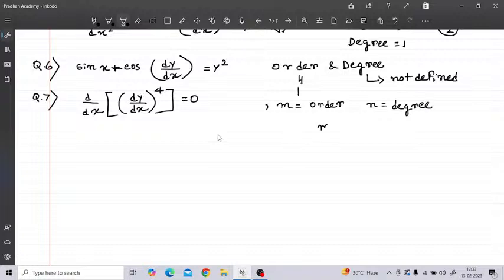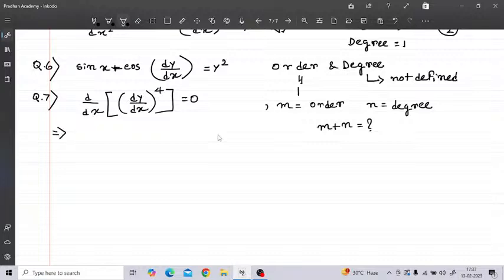Then what is the value of m plus n? Now you can solve it in two ways. You can integrate it or you can just differentiate it. So we will do it by differentiating.